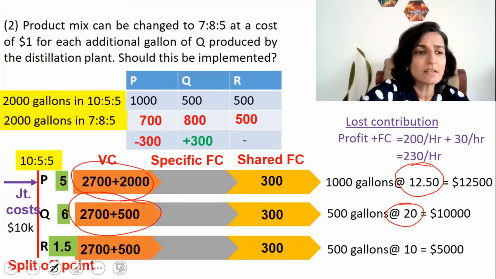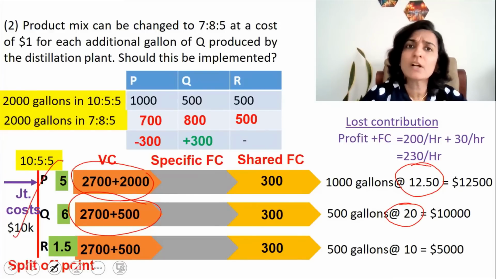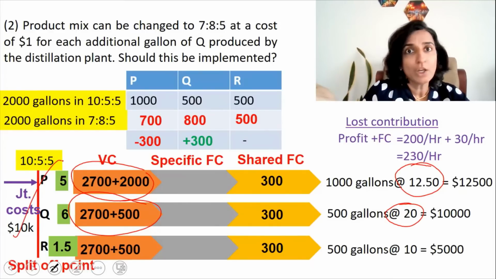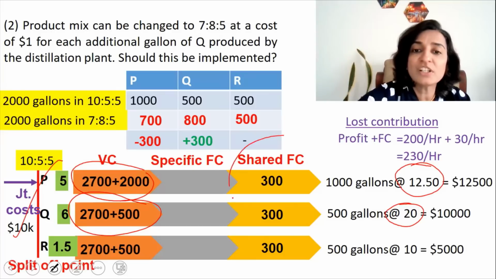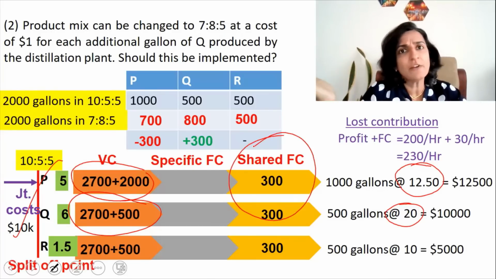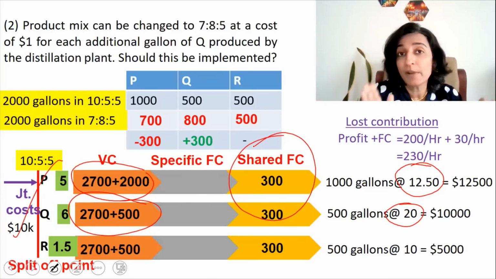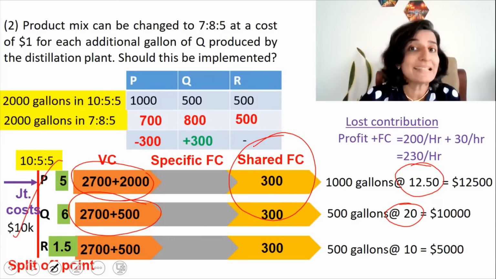Now my question is, will joint cost change because of a change in the product mix? No, joint cost will not change because it's not mentioned in the question, which means that we do not need to consider joint cost for our decision making because it's not incremental. There's no change taking place. And what about the shared fixed cost? Shared fixed cost will also not change because shared fixed cost was a fixed cost relating to the mixing plant.